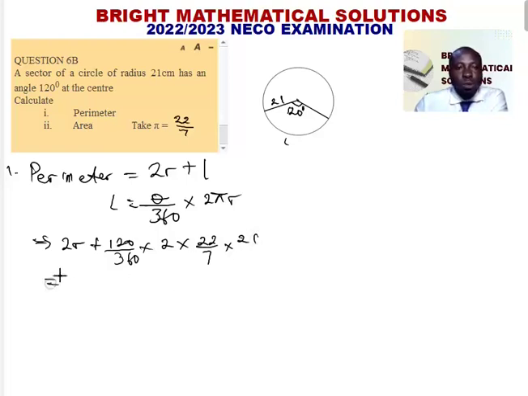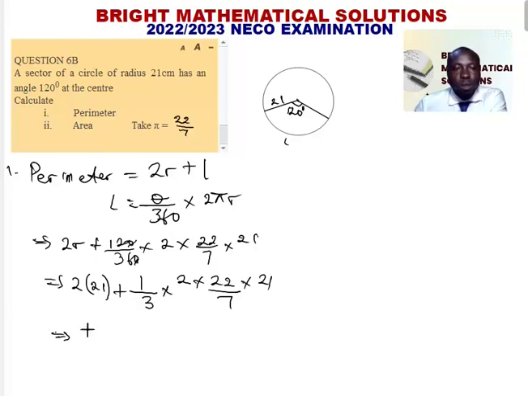So this becomes 2 into r, which is 21, plus, if we divide this, that gives us 1/3 multiplied by 2 multiplied by 22 multiplied by 21 all over 7.